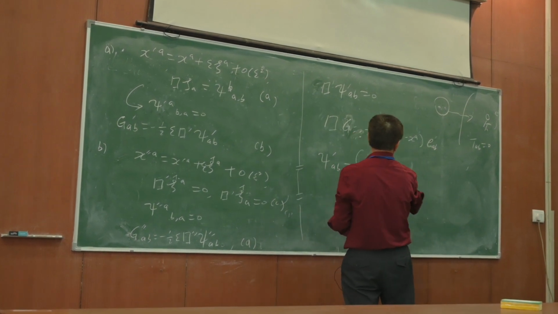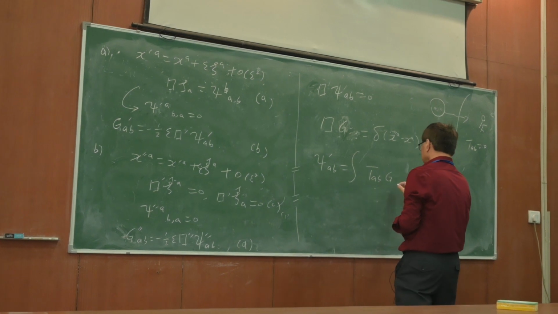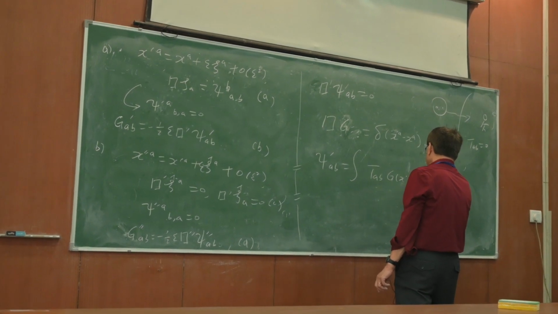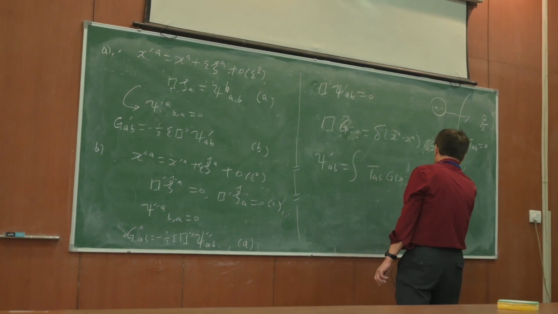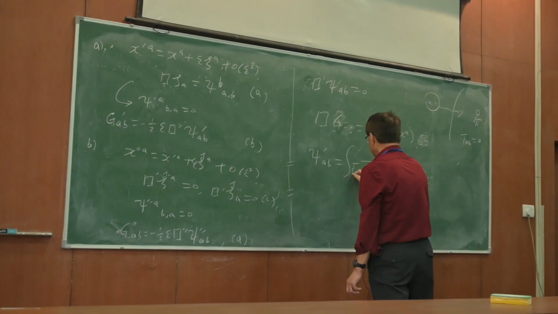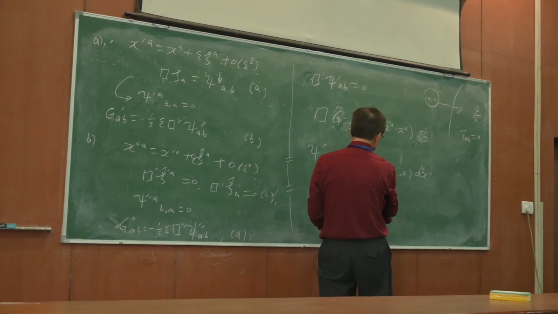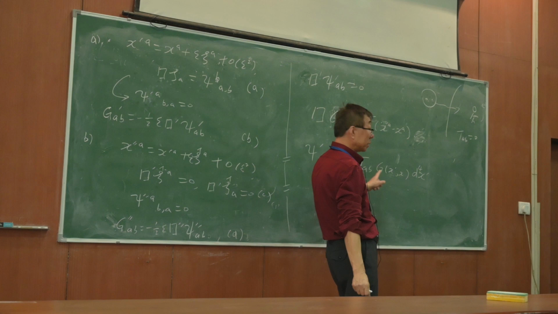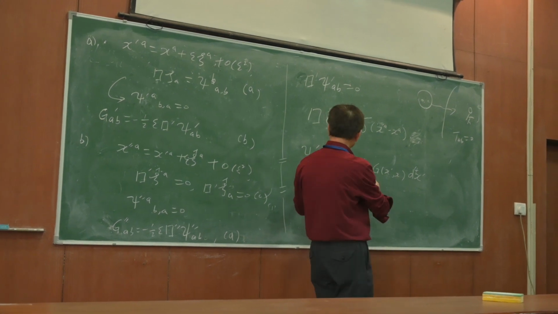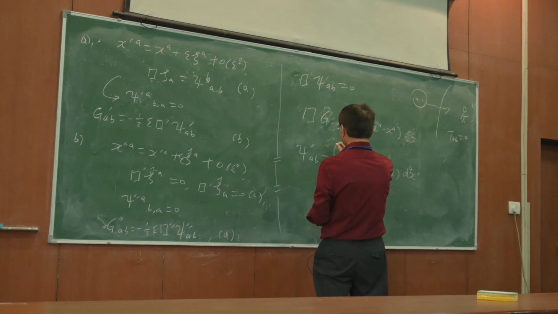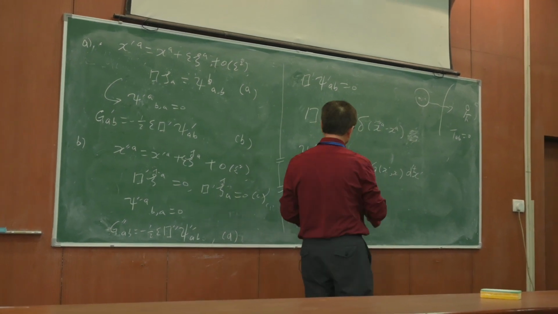This should be non-linear. That's why I get some confusion. Here we have a weak field. So I use the Green's function to write this, and here it should be minus 2, right?